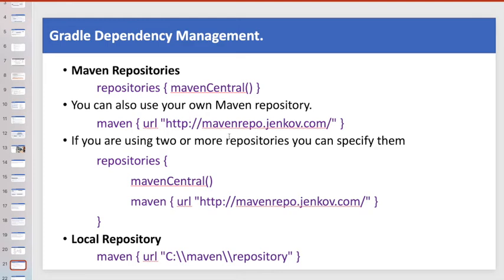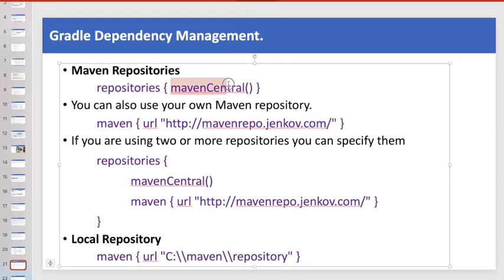There are two ways. Either you can attach the Maven repository, or you can use the local repository, or you can use them combined. If you want to use the Maven repository, you write repositories and just call the method mavenCentral. It will automatically connect to the Maven repository and bring all the dependencies you define. But some companies have their own repository.